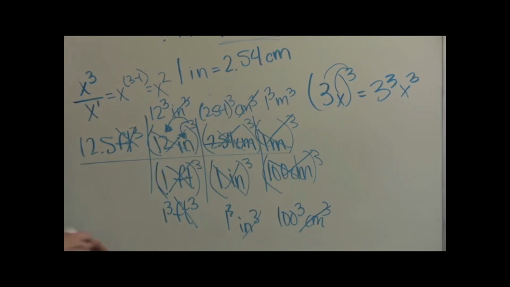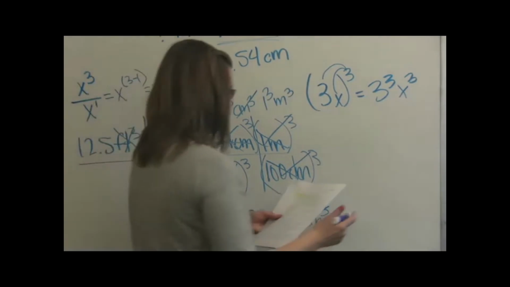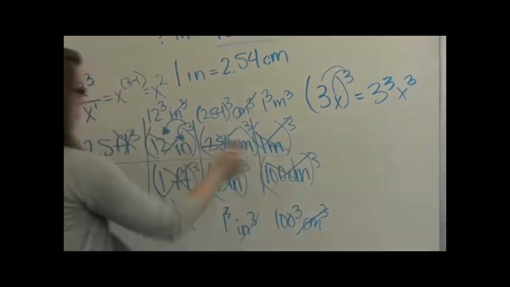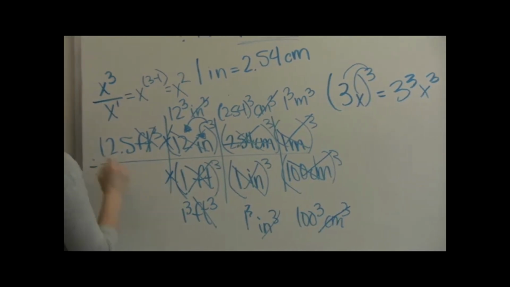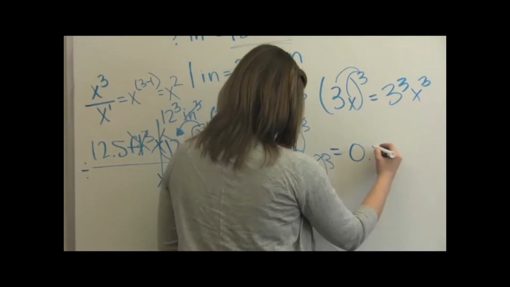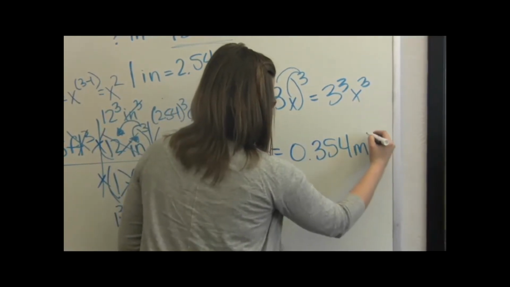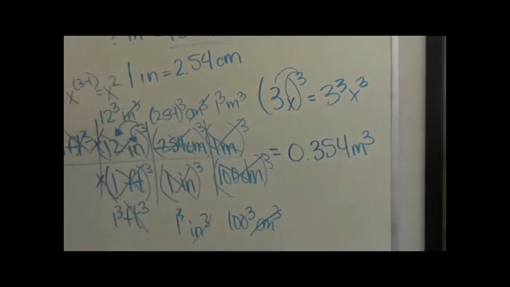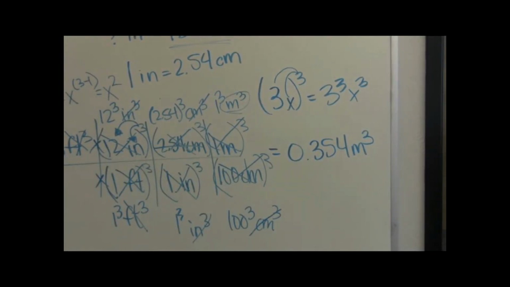Otherwise, we'll get the wrong answer. After you go through all the multiplying and dividing, you should come up with 0.354 meters cubed, because that was what we were left with. Our units canceled out to that.